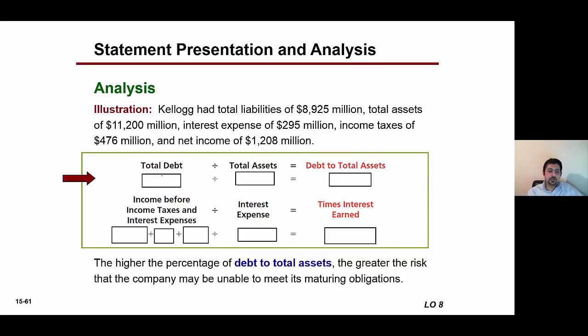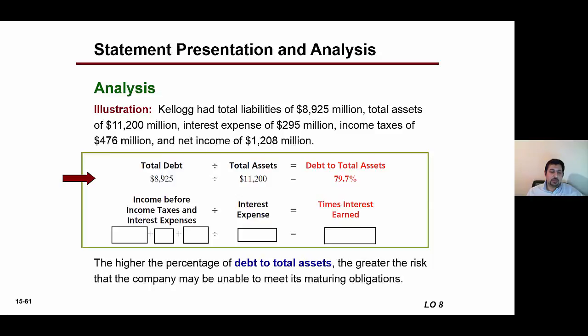It tells us the part of total assets that comes from borrowing money. Basically, this is the part of assets that the company has borrowed. Here, for example, total liabilities of 8,925 divided by total assets tells us that 79.7% of the company's assets come from debts.